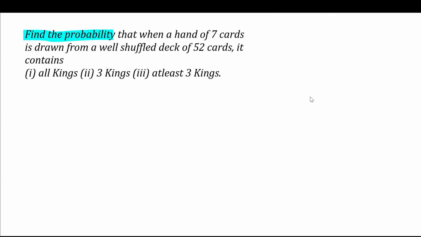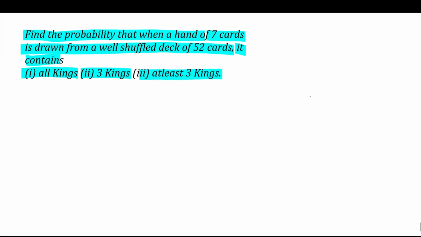In this question, it says find the probability that when a hand of 7 cards is drawn from a well shuffled 52 cards, it contains the first one is all kings, second 3 kings, at least 3 kings. So we have altogether 52 cards, out of which 7 cards are drawn, and case one is all kings.